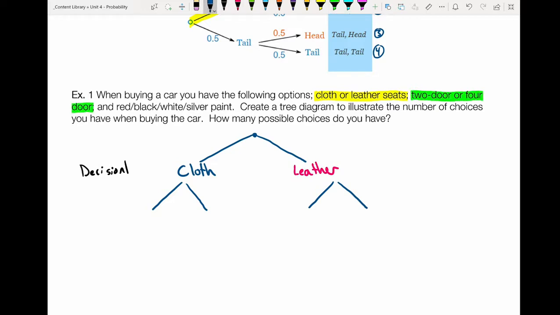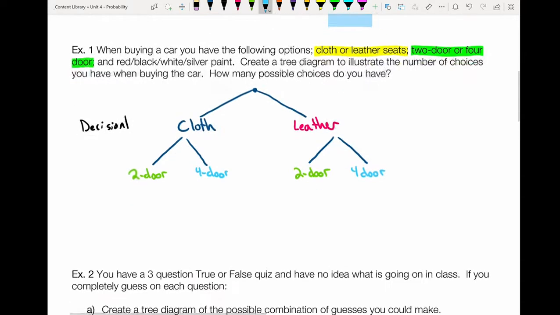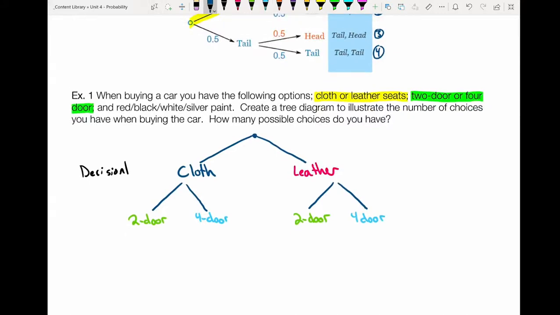From there, I have some more options. I have a 2-door in both scenarios, or there's the 4-door, again in both scenarios. That was decision 2. The other one was decision 1.